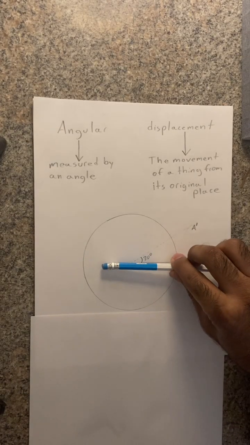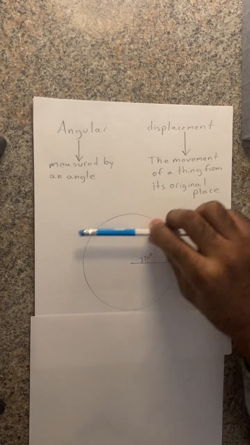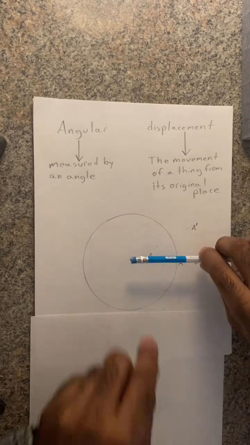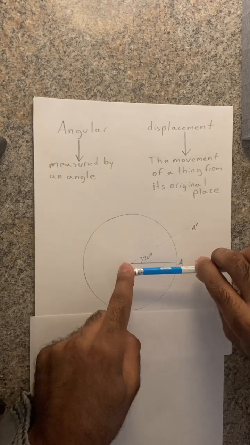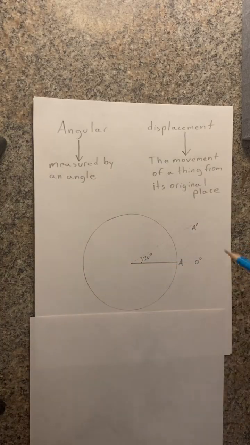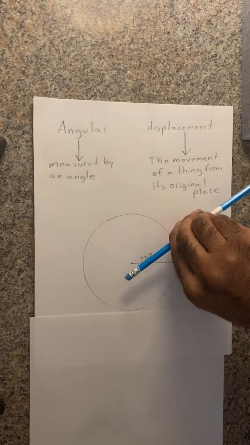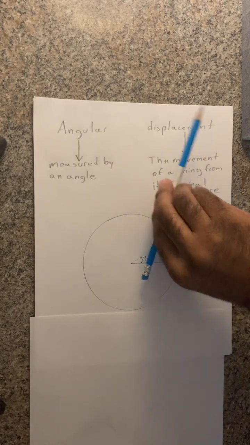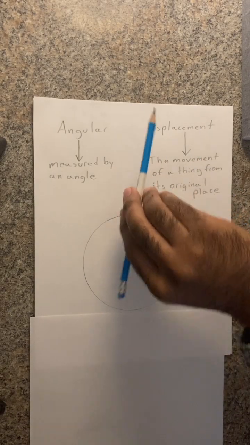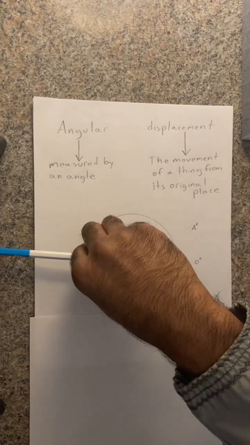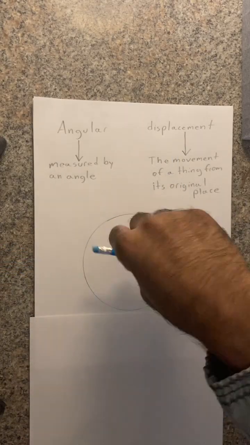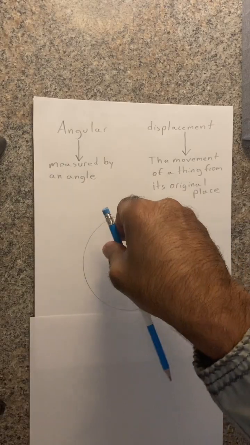So we're not talking about this, for instance. Angular displacement is the movement of this line, which is the initial line A, about a fixed point. The angular displacement could be 30 degrees, it could be 90, it could be 180, or any other degree here.